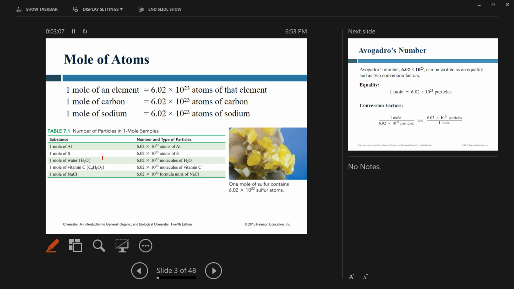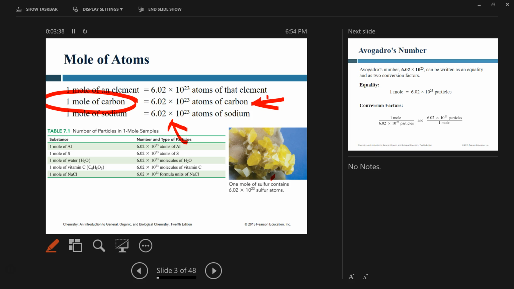So, we use mole to count atoms. So, say 1 mole of carbon refers to 1 mole of atoms of carbon. When we say 1 mole of sodium, that's 6.02 multiplied by 10 to the power of 23 atoms of sodium. Am I clear? We can apply it to molecules.